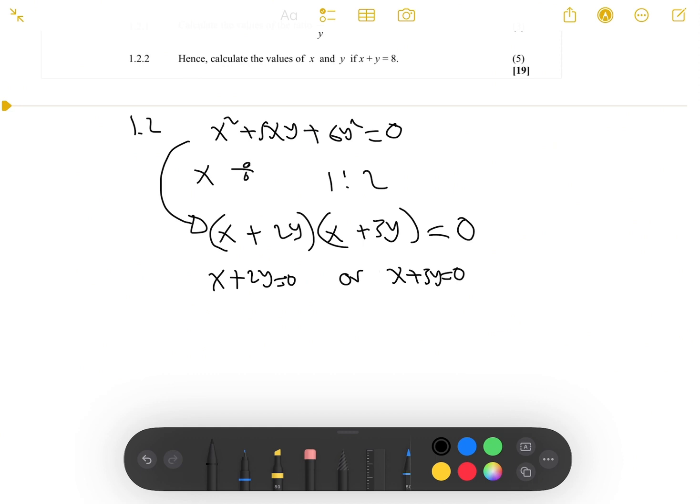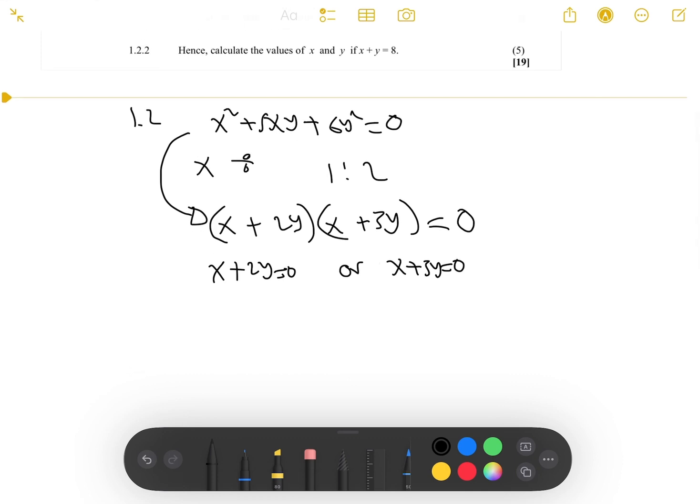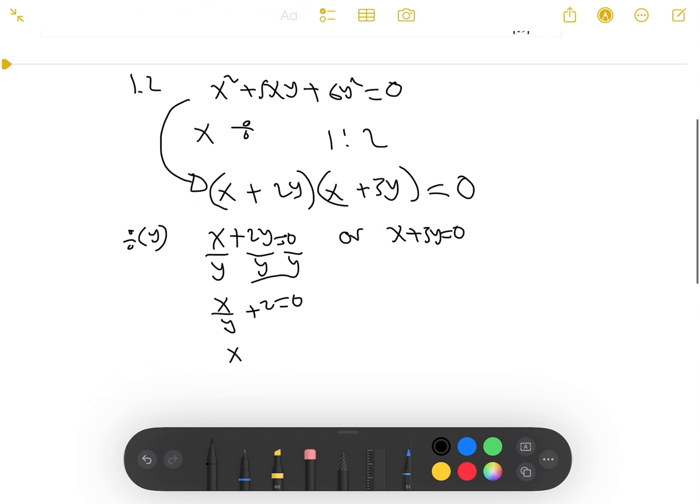That means for you to end up with x over y, let's just divide everything by y. So you end up with x over y plus 2 equals to 0, right? Therefore, x over y is equal to negative 2. Let's work with the other one.